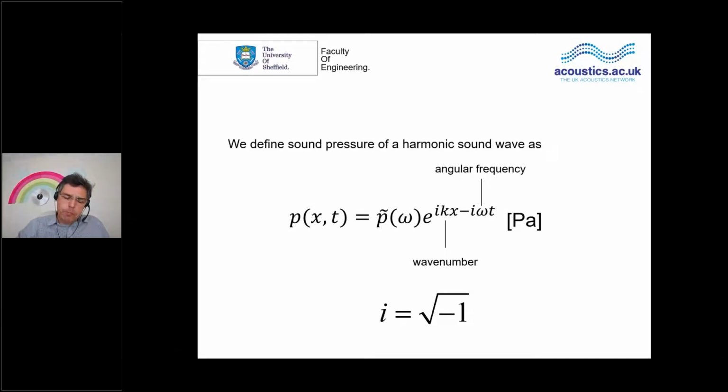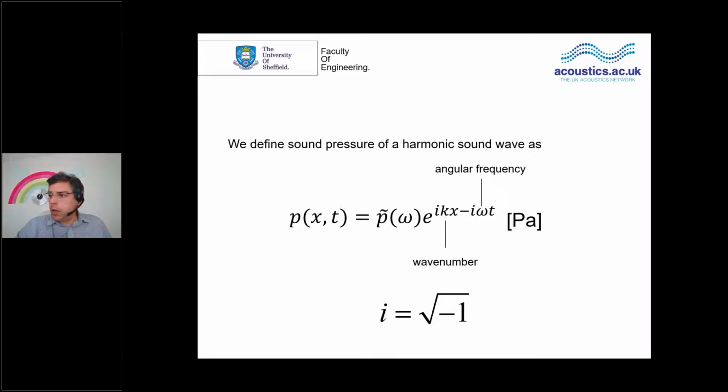Here I will use the little character i, the square root of -1, which is an imaginary one, just to show that we usually deal with complex quantities. So sound pressure and other quantities associated with that tend to be complex.